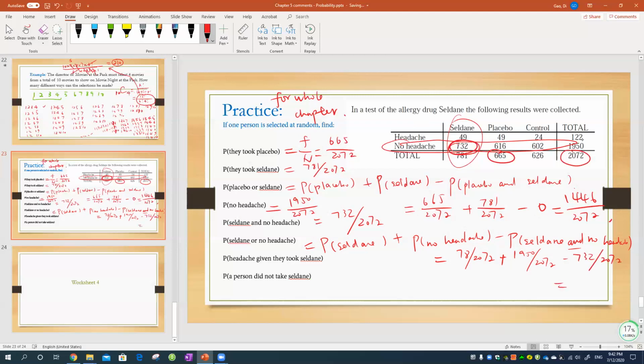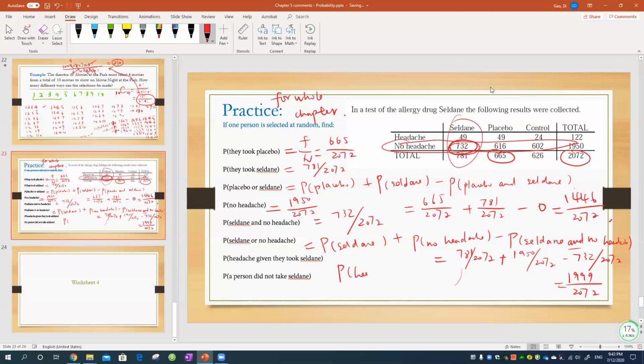So that's going to be 781 plus 1950 minus 732. So that's 1999 divided by 2072.